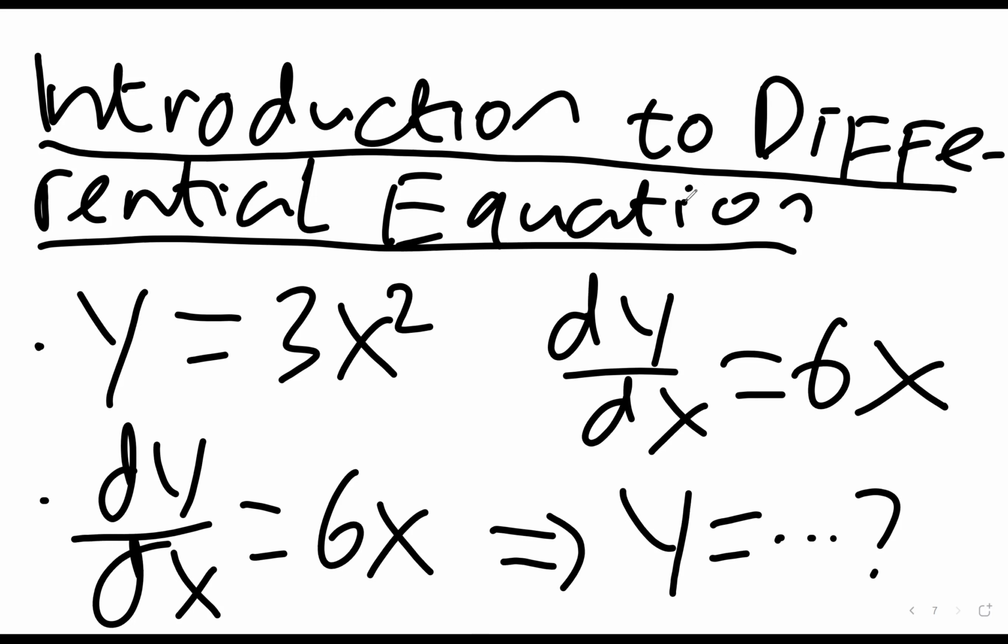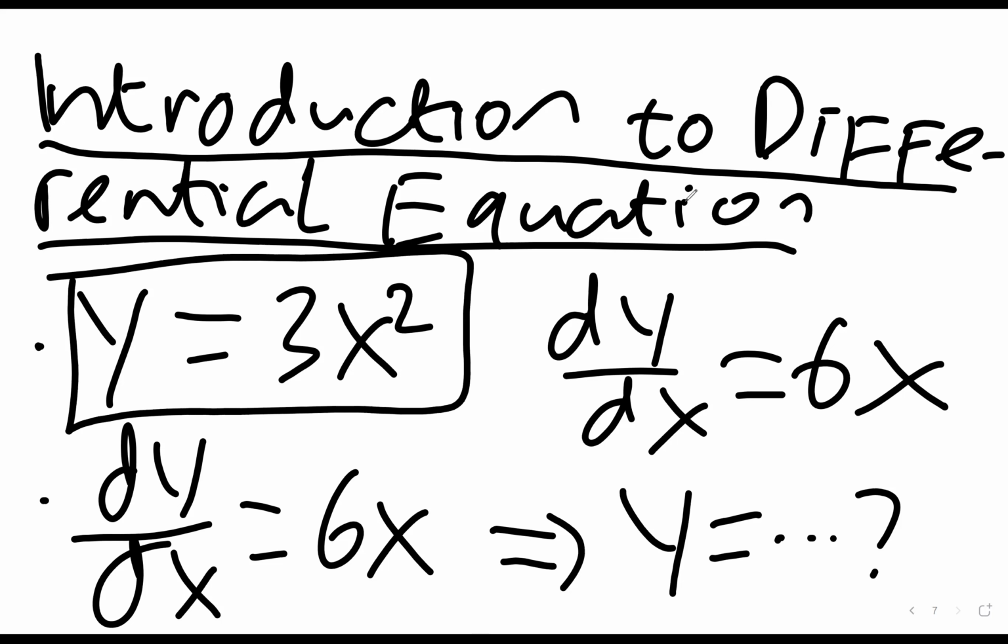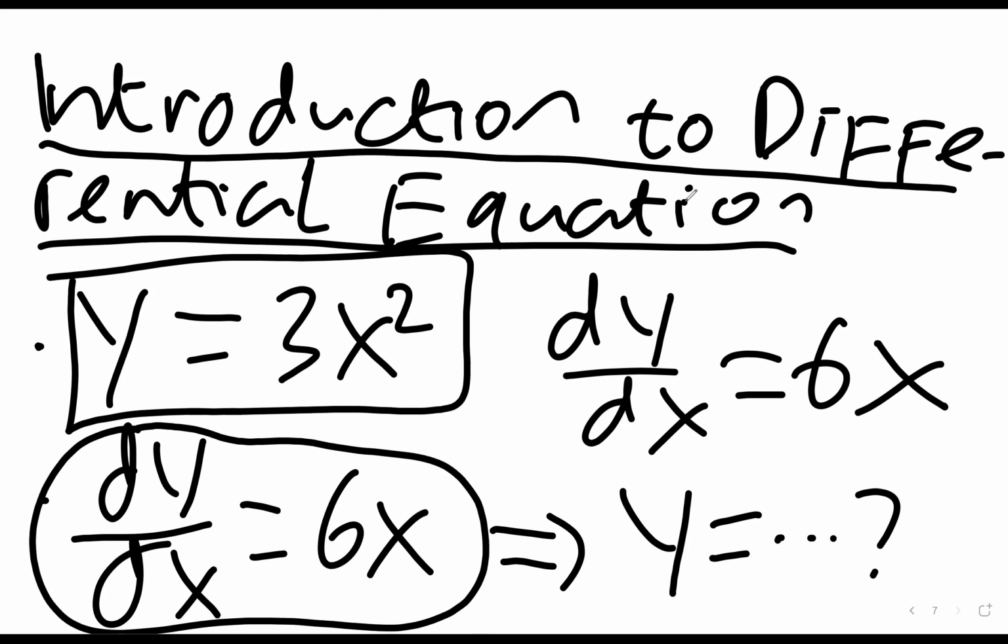So the idea is that if you consider differentiation, then you start with a given function, and then its derivative. For the differential equation, you are given the derivative itself, and then you have to find the function whose derivative is given.